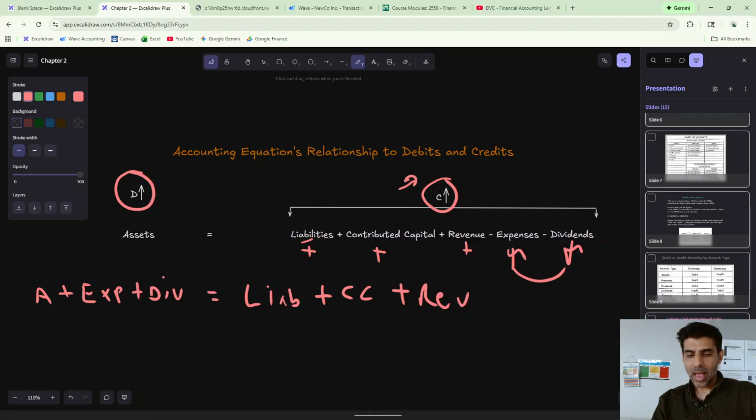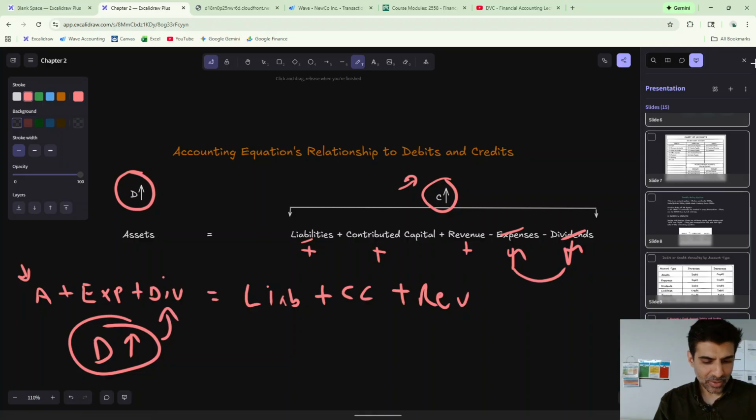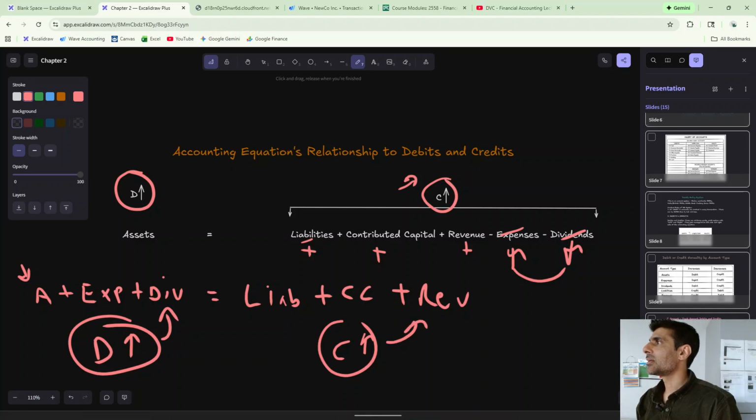I just added expenses and dividends to both sides, and that would cancel this out, and I moved it to this side. This is, I don't know, algebra, just messing with equations. All of these, when they increase, there's a debit. All of these, when they increase, there's a credit. This is how this system is arranged.